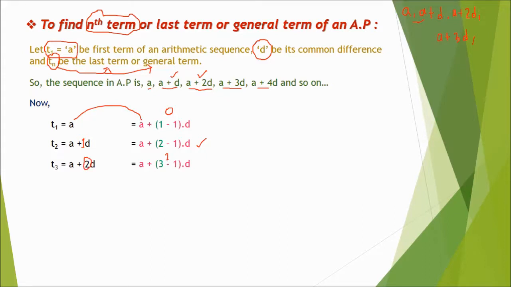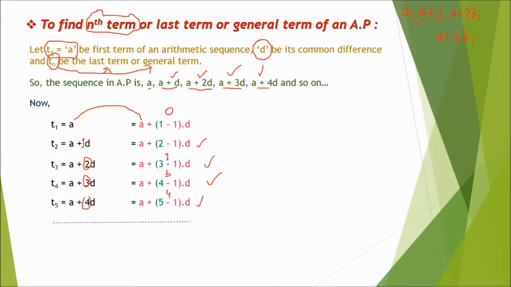Similarly, t4 is a plus 3d, and we can write it as a plus 4 minus 1 times d. 4 minus 1 is 3, and here is our 3. Similarly, t5 equals a plus 4d, which we can write as a plus 5 minus 1 times d. 5 minus 1 is 4, and here is our 4.